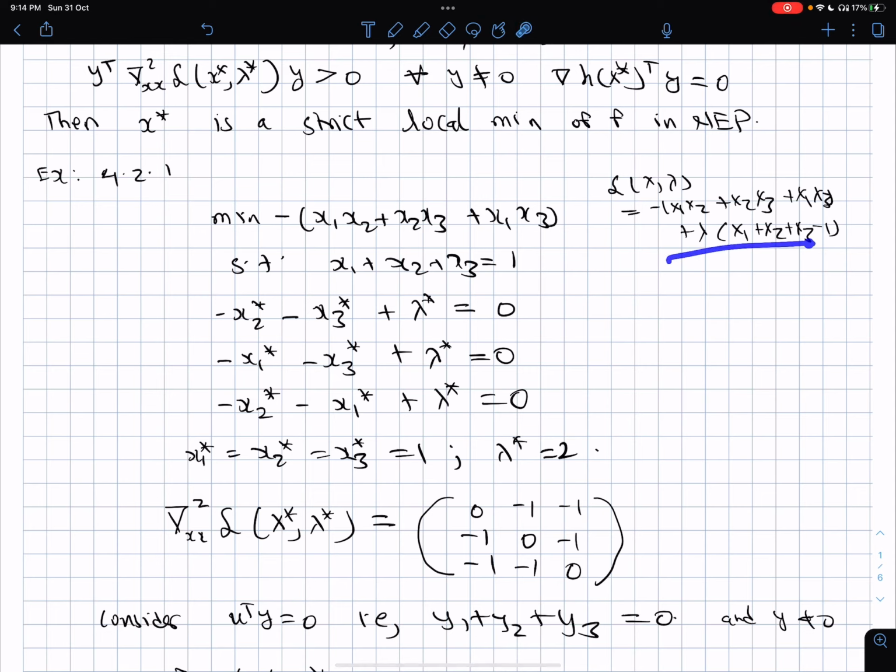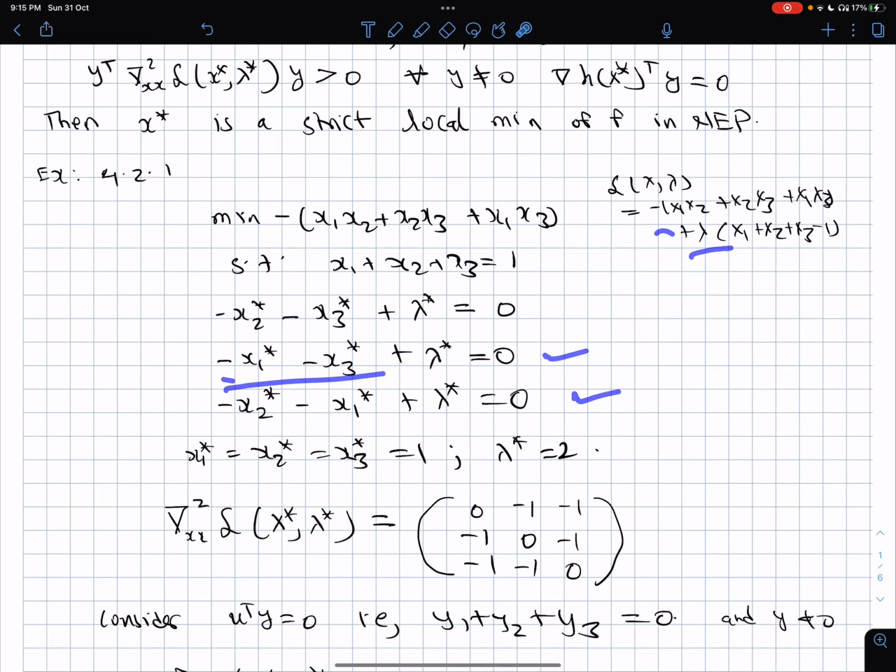Now take its partial derivative with respect to x1 and set it to 0. So what will you get? Minus x2 minus x3, because minus is sitting common here, plus lambda star equal to 0. Similarly, when you take the partial derivative with respect to x2, you will get minus x3 star minus x1 star, both coming with a minus sign, plus lambda star equal to 0.